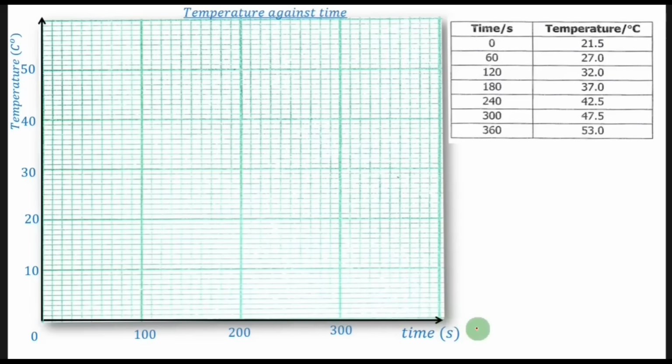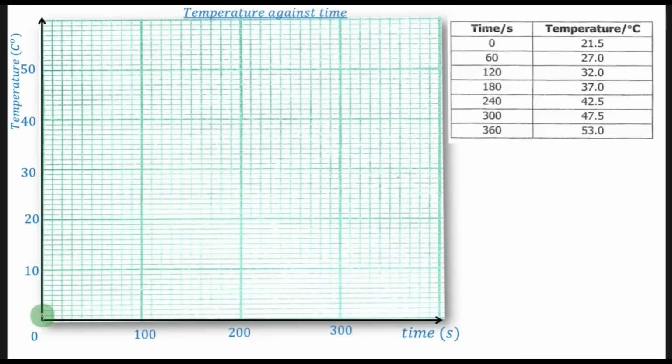What I've done here is, if I'm at 0, this is 100, and the boxes represent 10, 20, 30, 40, 50, 60, 70, 80, 90, 100. That's how I reach 100. In a similar way, I go to 200, 300, 400.